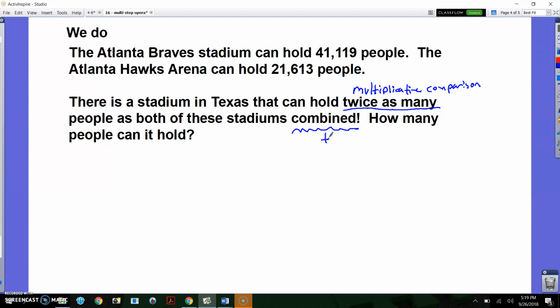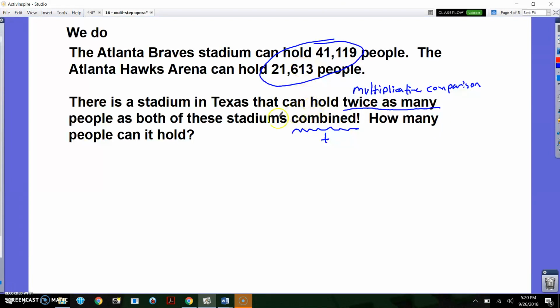So the stadium in Texas can hold twice as many as these combined. So that sounds to me like I've got to combine those and then find out what twice as many is. So I'm going to add, and then I'm going to complete my multiplicative comparison for 2 operations.